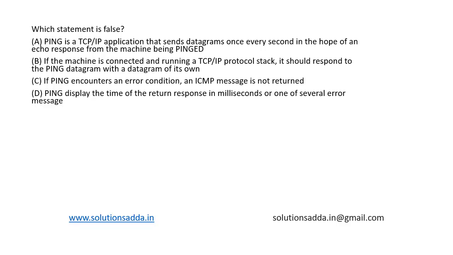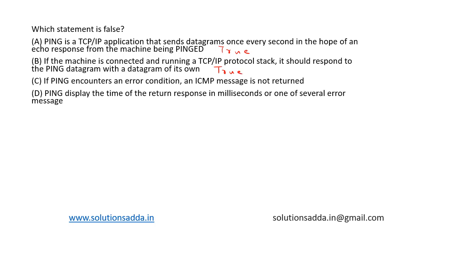Ping is a TCP IP application that sends datagrams once every second in the hope of an echo response from the machine being pinged. This statement is true. Option B. If the machine is connected and running a TCP IP protocol stack, it should respond to the ping datagram with a datagram of its own. This statement is also true.